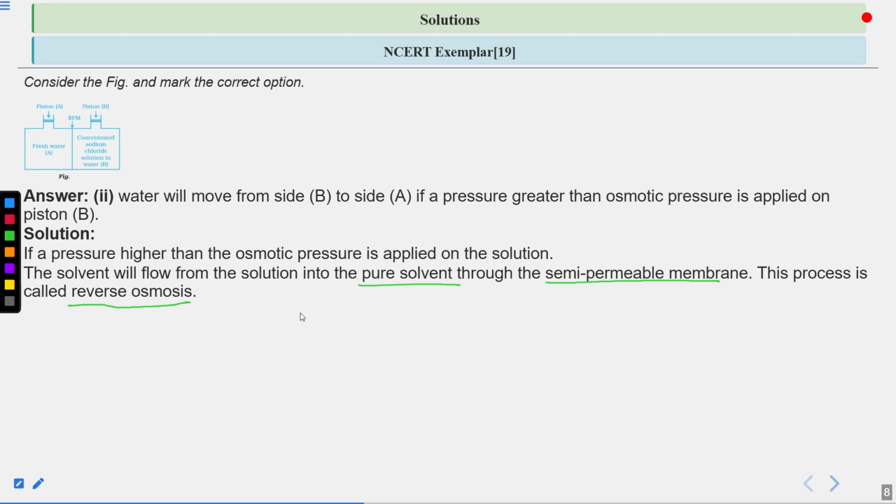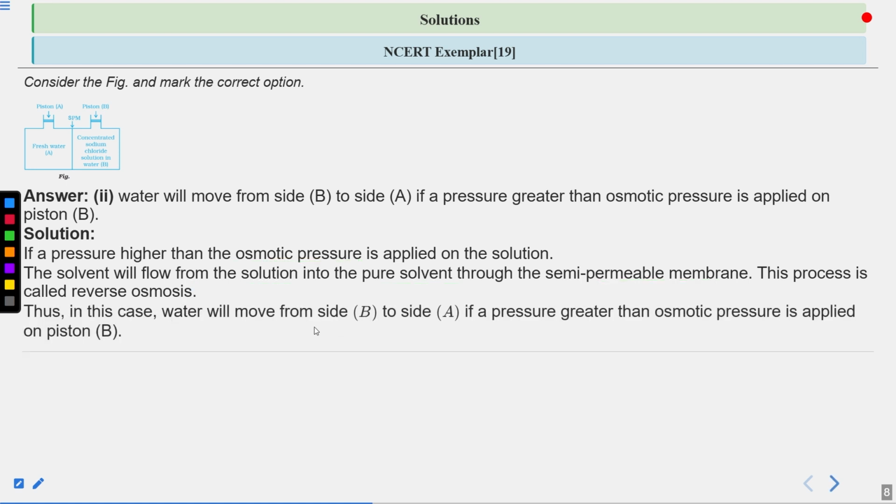That minimum pressure needed for this process is considered as osmotic pressure. If the pressure is higher than the osmotic pressure, then what will happen? The solvent will flow from the solution into the pure solvent through the semi-permeable membrane, and this is considered as reverse osmosis.